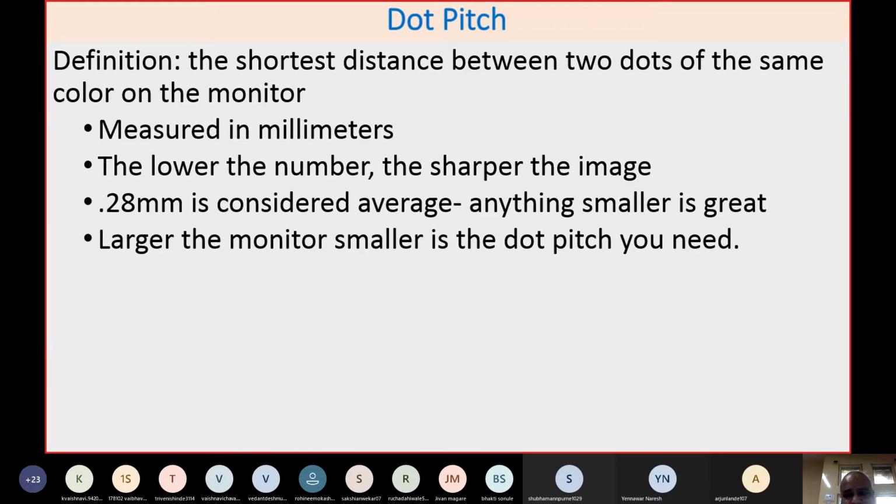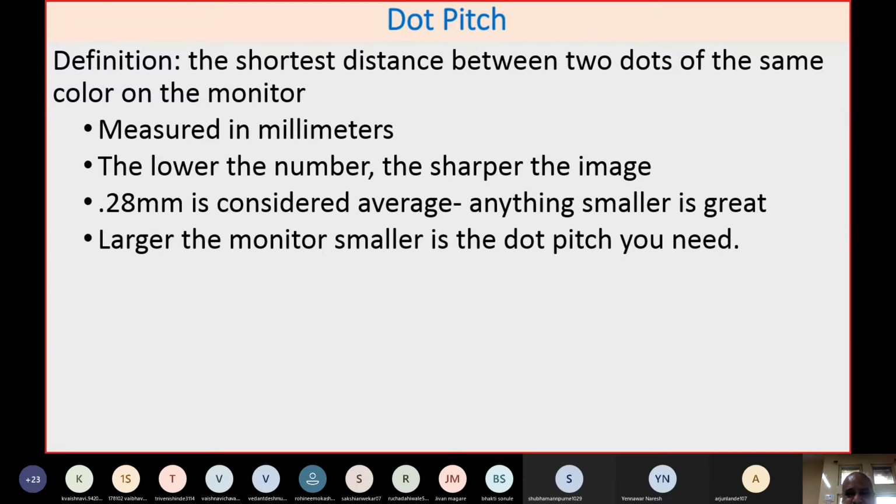As you know, if you have a color monitor of the cathode ray type, then you will have to use three phosphor color dots, that means we call RGB dots. Then the smallest distance between two similar colors will be called dot pitch.